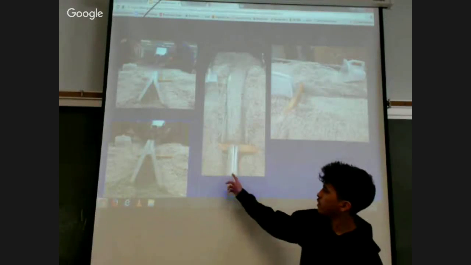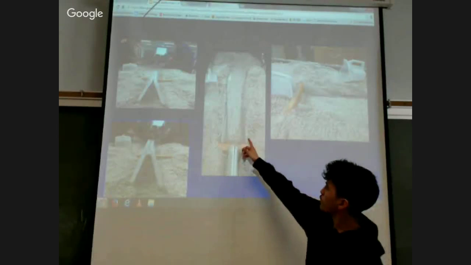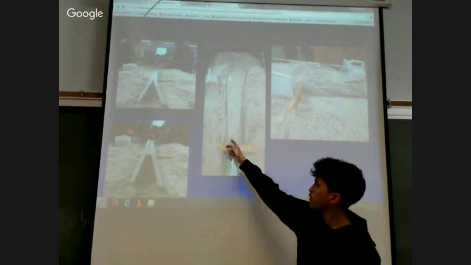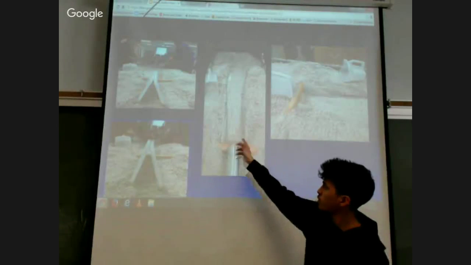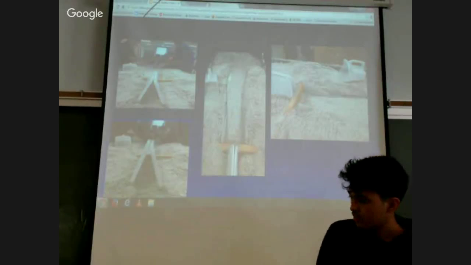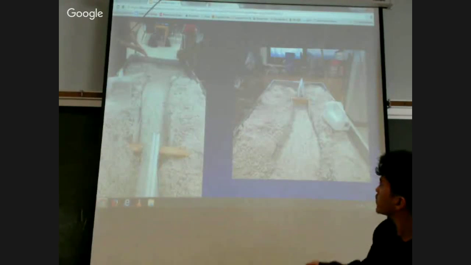We made it an upside down V shape so we could control the level of the water too. And we put these two plastic barriers so that the sediments wouldn't come off from these two endpoints.